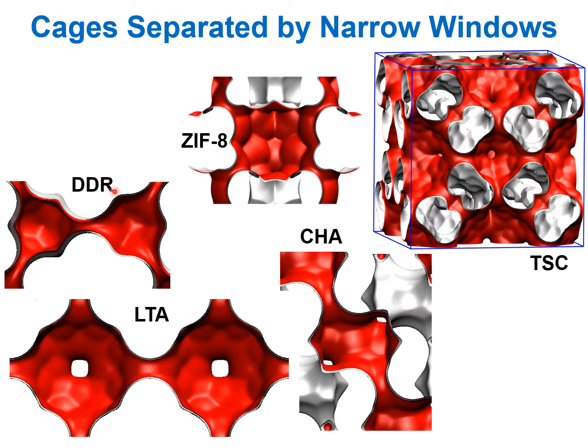We examine in detail the class of materials that consist of cages separated by narrow windows with window apertures smaller than about 4.2 angstrom. These materials could be DDR, LTA zeolite, Chabazite, TSC, ZIF-8.